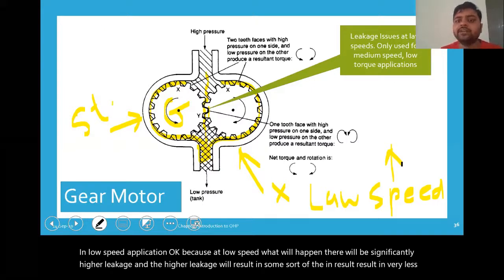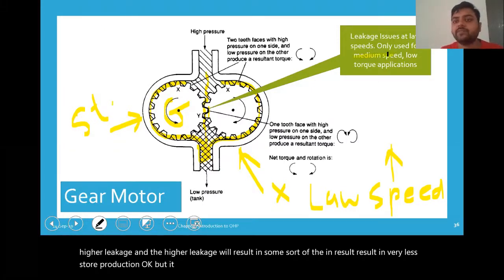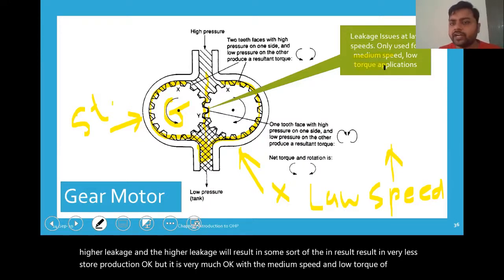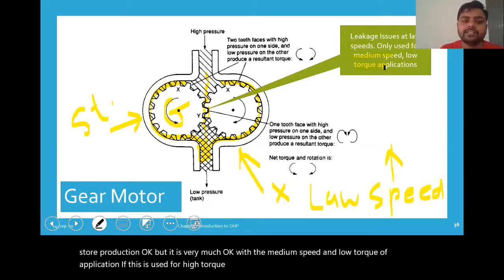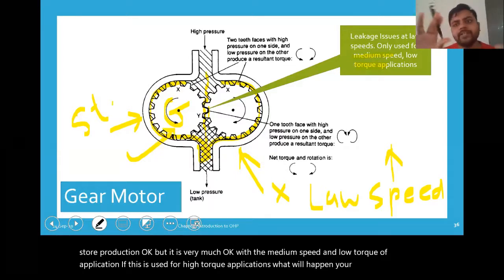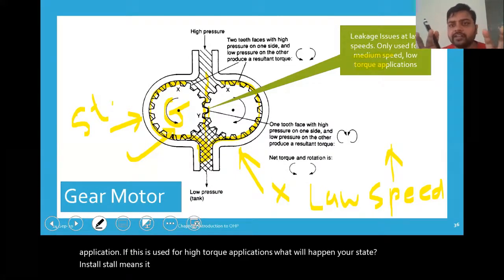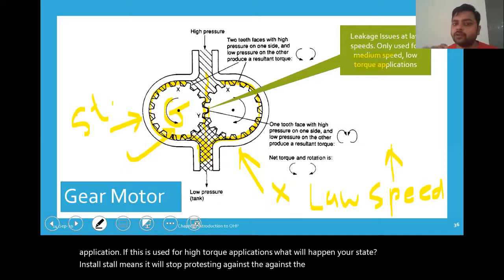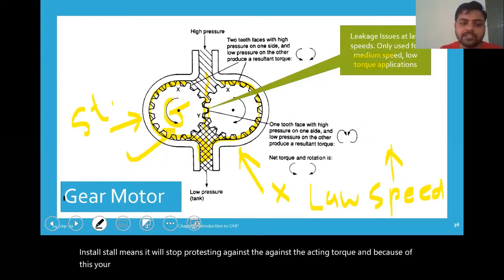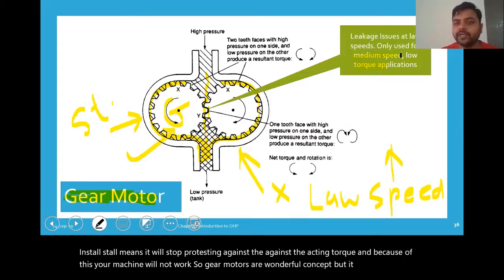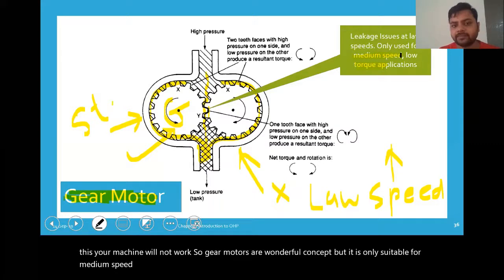But it is very much okay for medium speed and low torque applications. If this is used for a high torque application, what will happen? Your stator rotor will stall. Stall means it will stop rotating against the acting torque, and because of this, your machine will not work. So gear motors are a wonderful concept, but only suitable for medium speed and low torque applications.